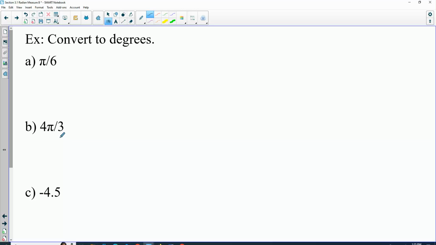So we could also go the other direction, where I give you radians and I want degrees. What do you think we would do here? When we wanted the radians, we multiplied by pi over 180.